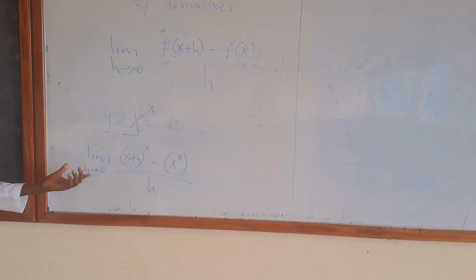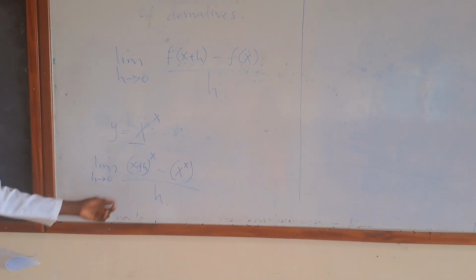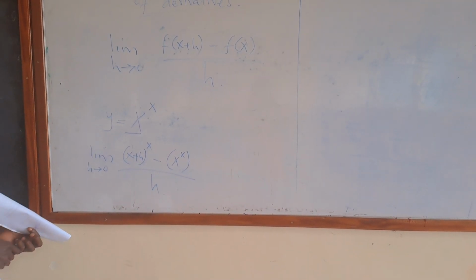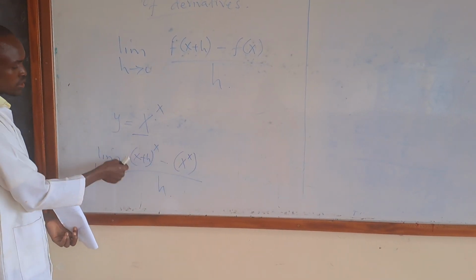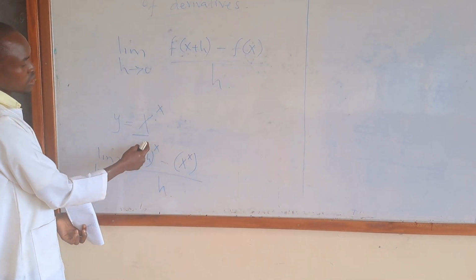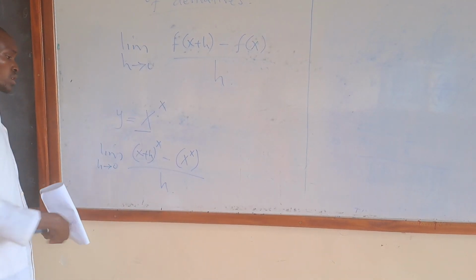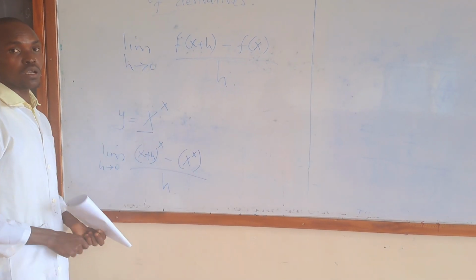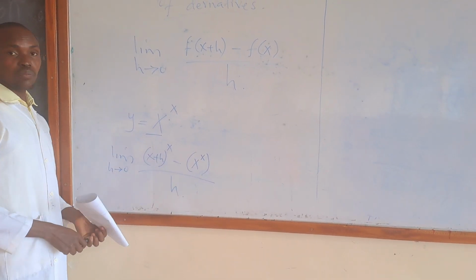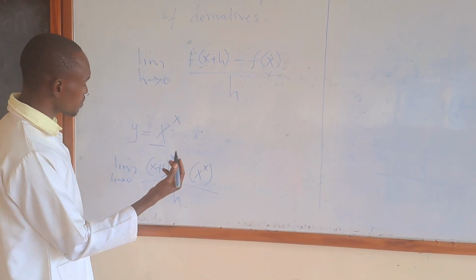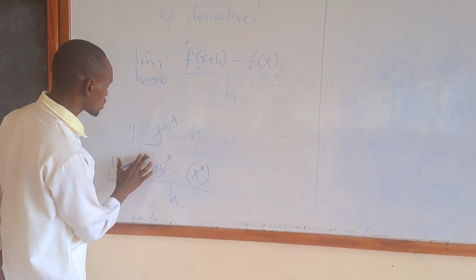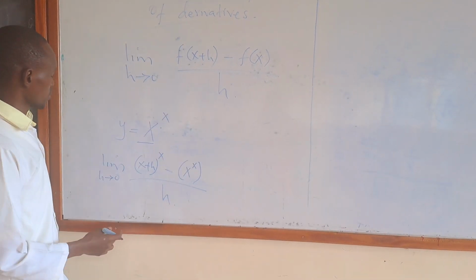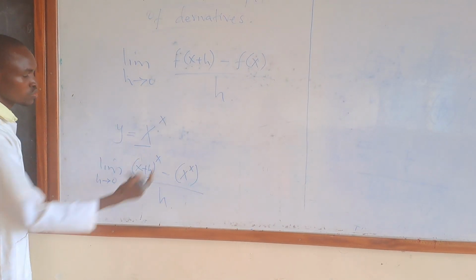Now from here you will realize that we have a binomial expansion. There is no way we can differentiate this directly, but if we use the binomial approach, then we are able to expand this. Then we subtract our function, y, which is x raised to power x.